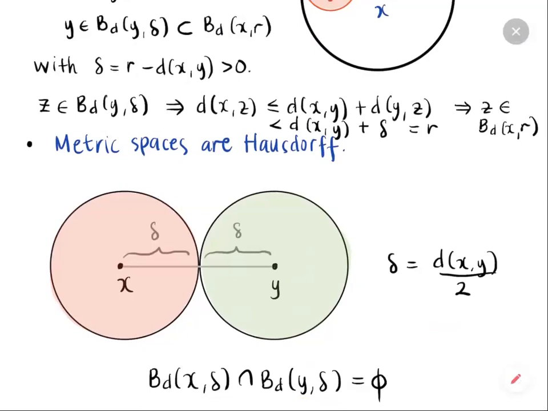And that is basically the definition of the Hausdorff space. If given two distinct points, you can find two disjoint open sets that contain those points. Of course, from the previous remark, we know that open balls are open. So this furnishes the proof that metric spaces are indeed Hausdorff.